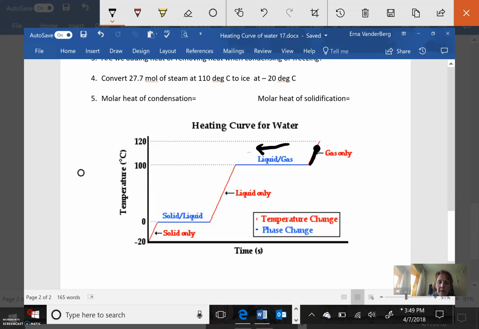Okay? And that would require the molar heat of condensation. We're removing heat. Once we've changed the gas into liquid, we can now start to cool it down. How much? From 100 to 0 degrees. That's a change in temperature problem. You can easily calculate Q based on that.